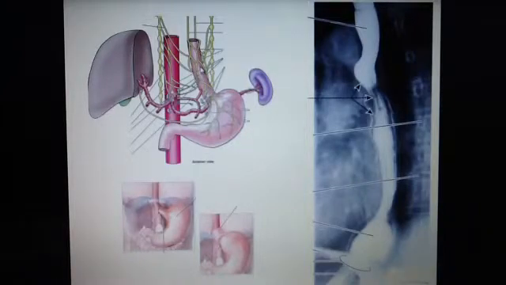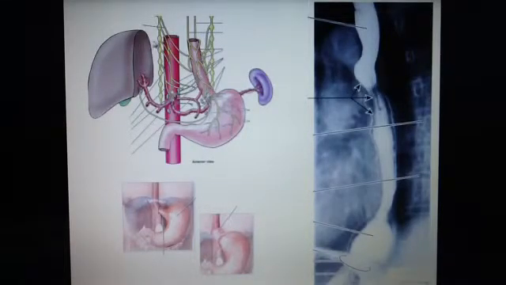Okay, so let's talk very basically about the innervation of the esophagus as it comes down to meet the stomach at the Z-line. Let's look at the sympathetic trunks on either side.